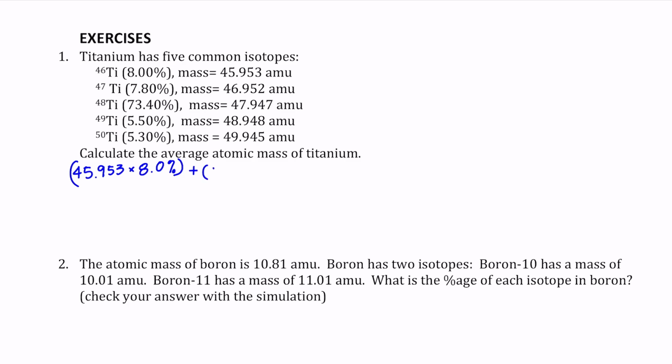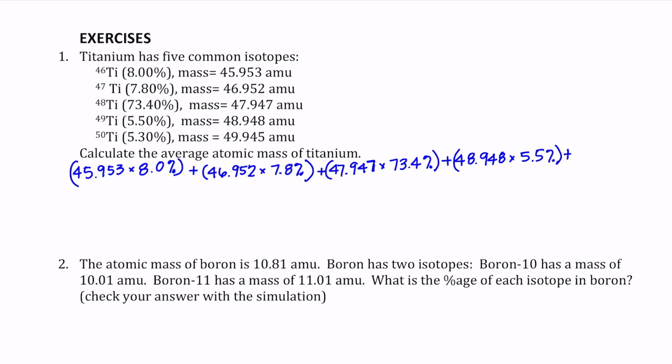And then we have 46.952 times 7.8%. And we're going to add all of our masses times the number of times they occur. So this third one for titanium-48 is 47.947 times 73.4% plus 48.948 times 5.5%.